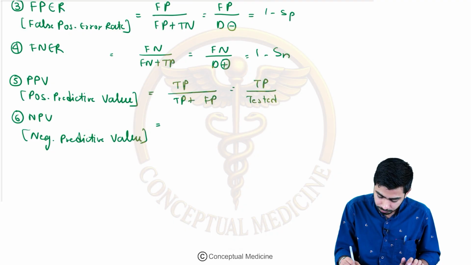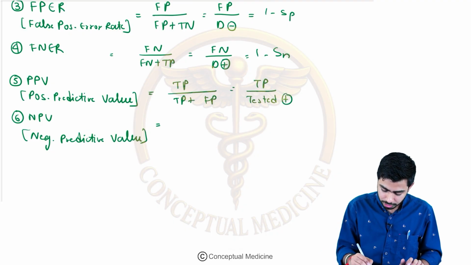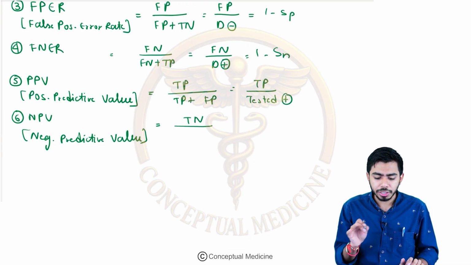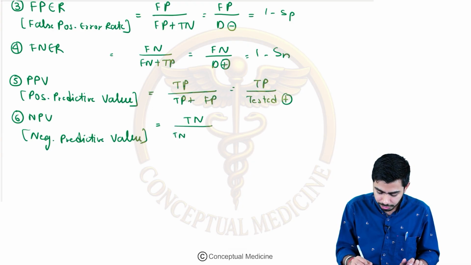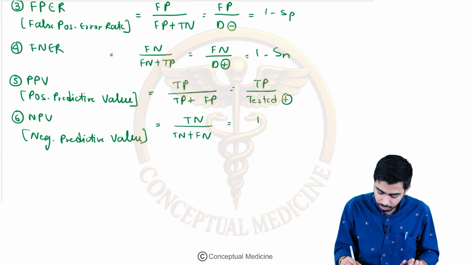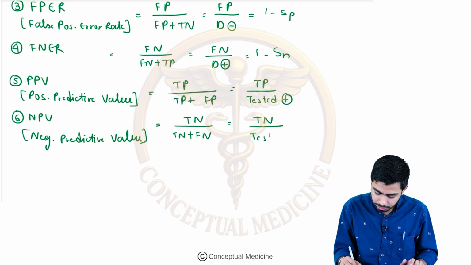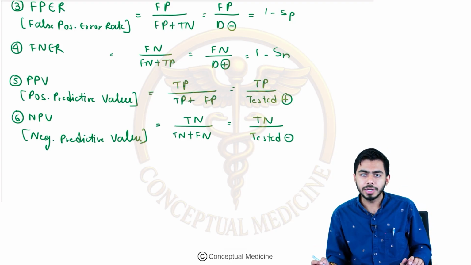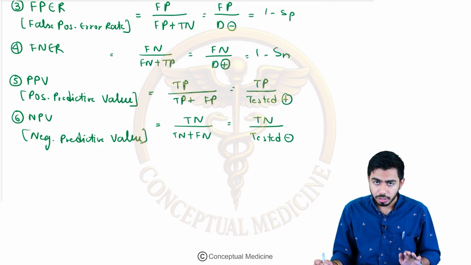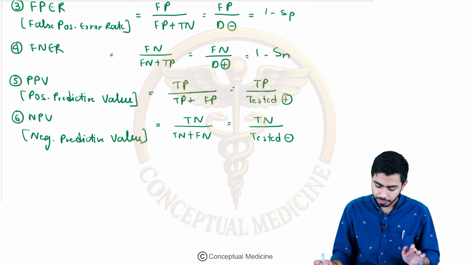Here also I shall write that true negative divided by true negative plus false negative, and that will become your true negative divided by tested negative, right? So that is the formula of your negative predictive value, right?